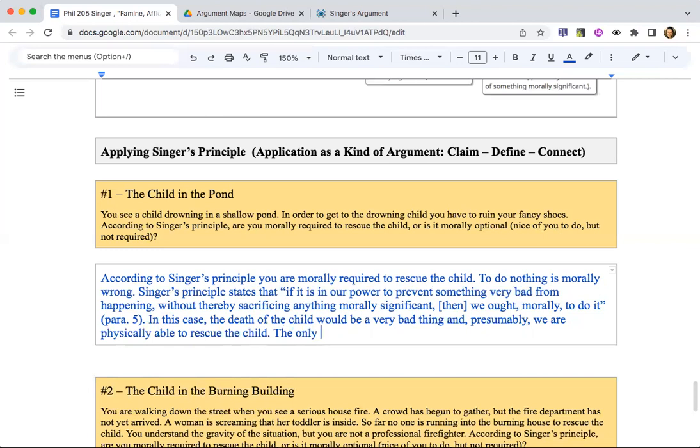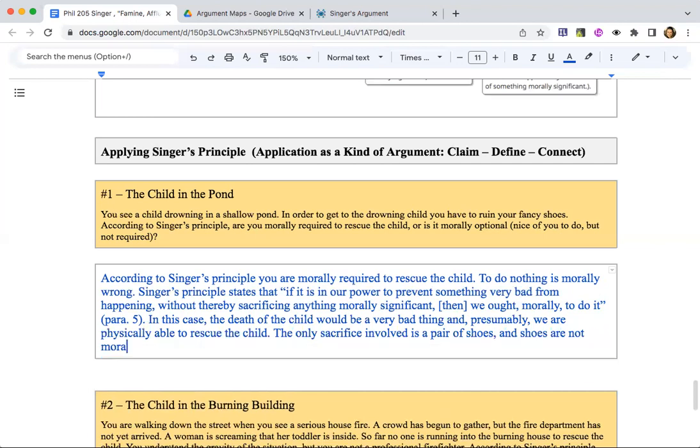The only sacrifice involved is a pair of shoes, and maybe it's like fancy shoes. Presumably one among many, given that most people living in Western countries have many pairs of shoes, especially if you own a fancy pair.